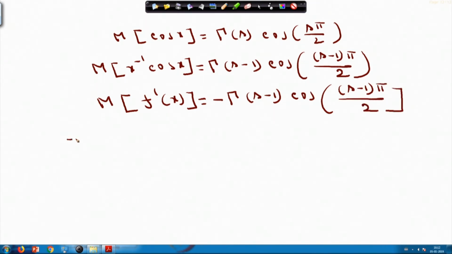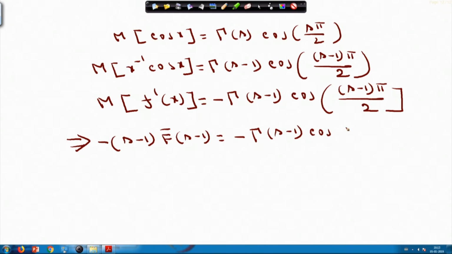So, from here, this equals the Mellin transform of f dash x, which I can write as minus s minus 1 into f bar s minus 1. This equals minus gamma s minus 1 into cos of s minus 1 into pi by 2.